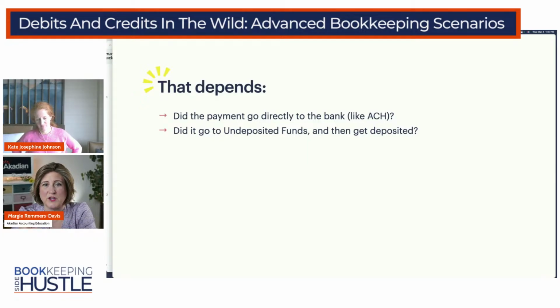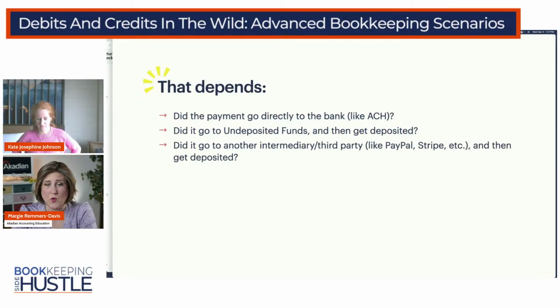Okay, so in QBO, we have an account called undeposited funds, or sometimes it's called payments to deposit. It's like this temporary holding place where the money goes. This is for cash and checks, and then later gets deposited. Or if it's going through some kind of third party, that's going to be another holding place, and the fees for that are actually going to come out of that.